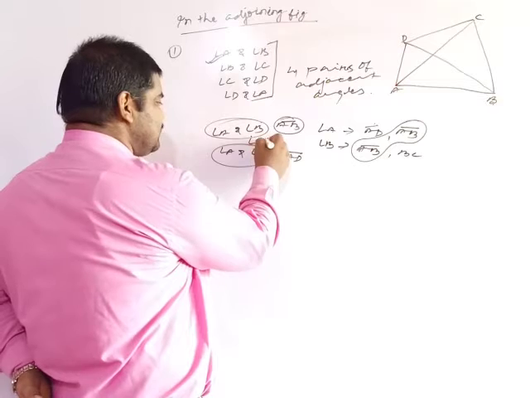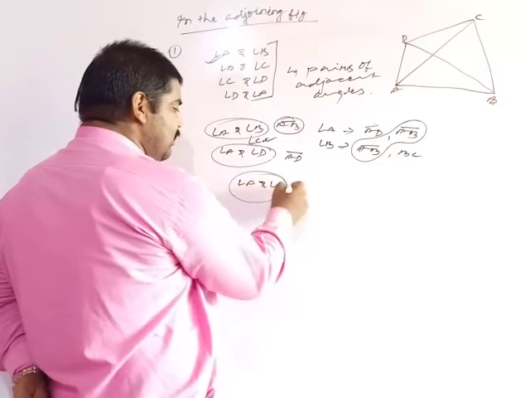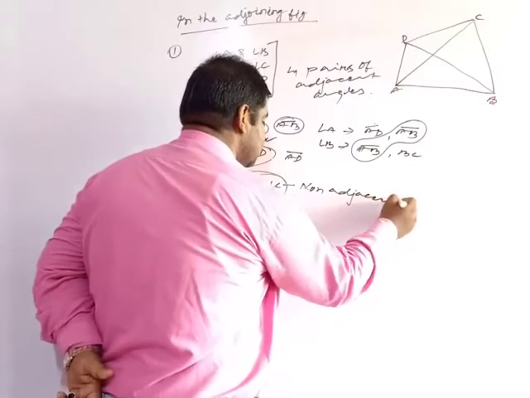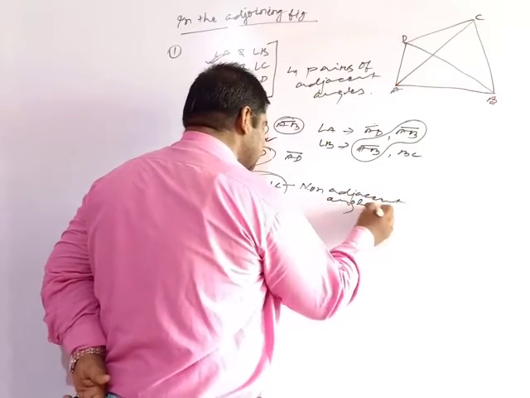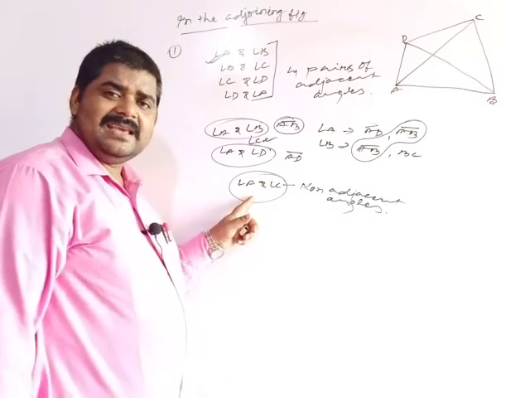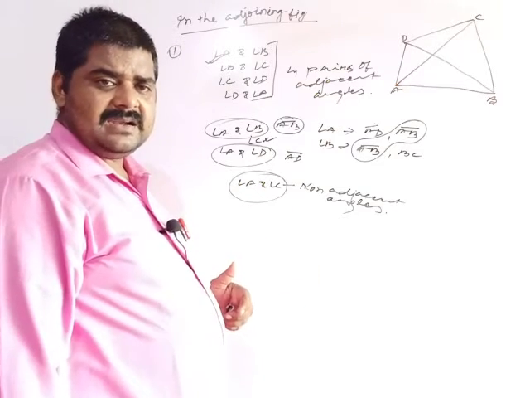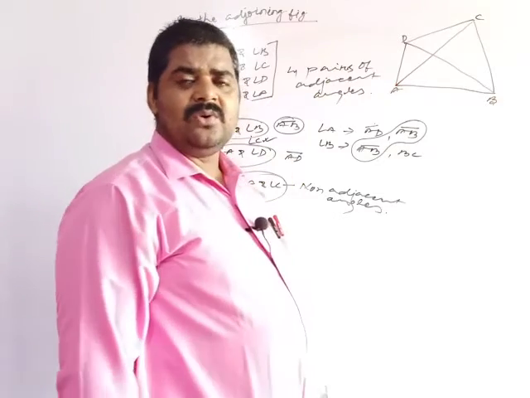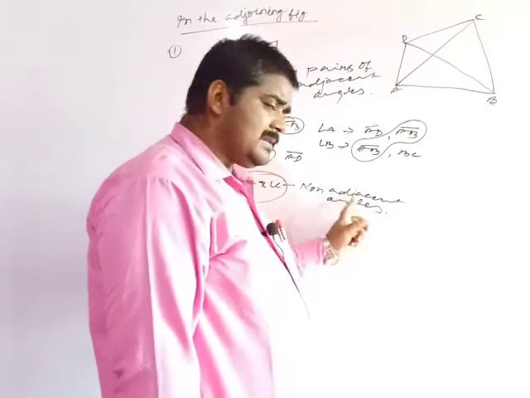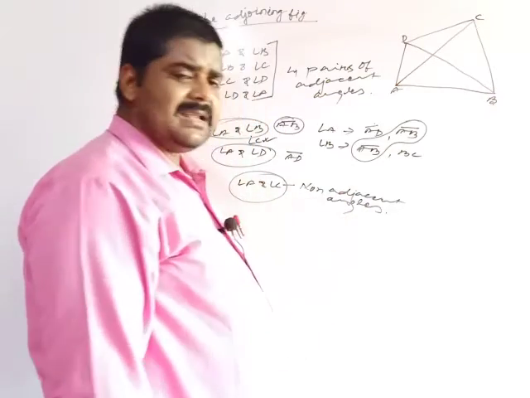But in the case of angle C, angle A and angle C are known as non-adjacent angles. Why non-adjacent angles? Because angle A and angle C have no common line segment, my dear. Since A and C have no common sides, this is why they are known as non-adjacent angles.